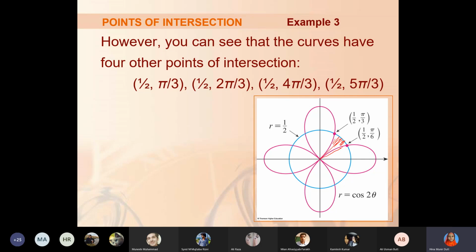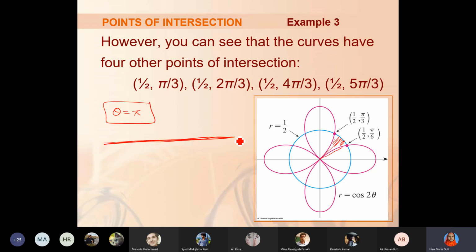A student asked in the last class: what if it is not given, and we have to find the length of this curve, theta is equal to pi. It's not mentioned explicitly in terms of r. If the curve is given in terms of theta, theta is equal to pi, it is the polar axis.